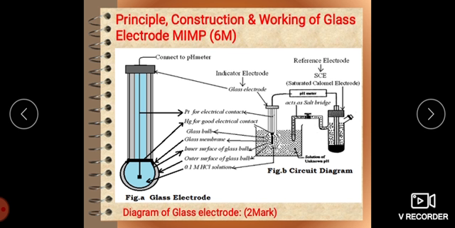By means of only one electrode we can't determine the potential. Actually, inside of that there is one more electrode, the saturated calomel electrode, inside of the newly formed glass electrode here.